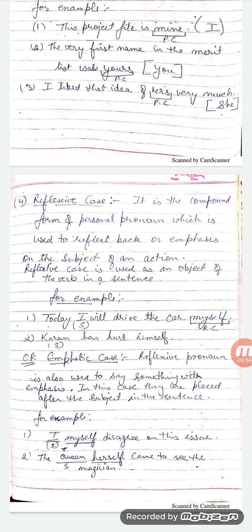In this sentence, the subject is I and myself is the reflexive pronoun. This myself is reflecting back to the subject I. That is, myself is used for I, showing who is the doer of the action of driving the car, that is I myself.